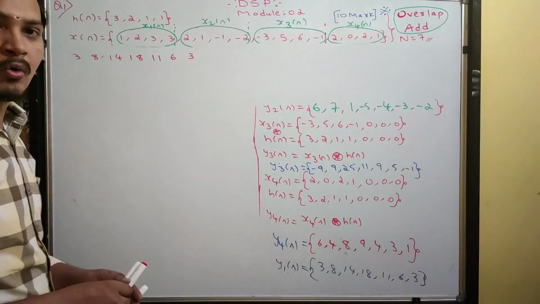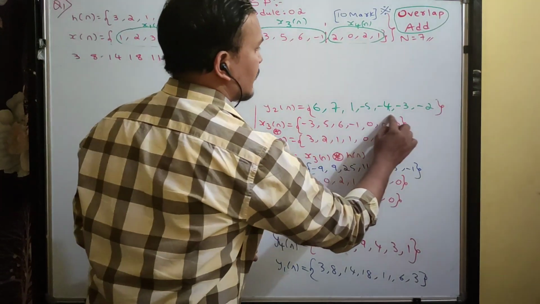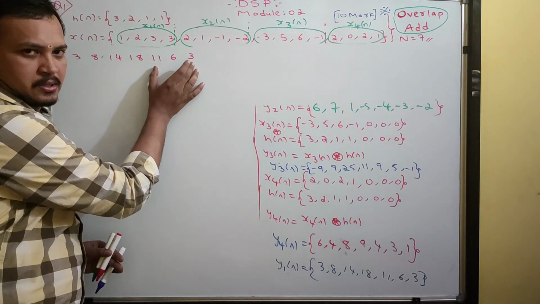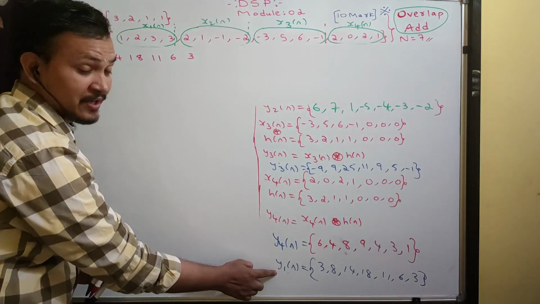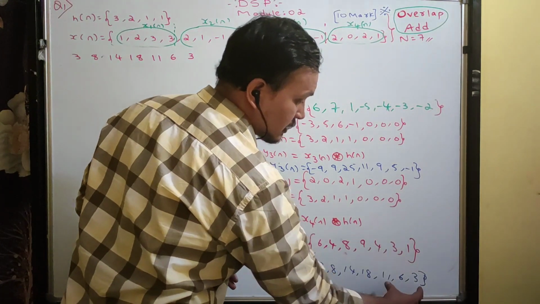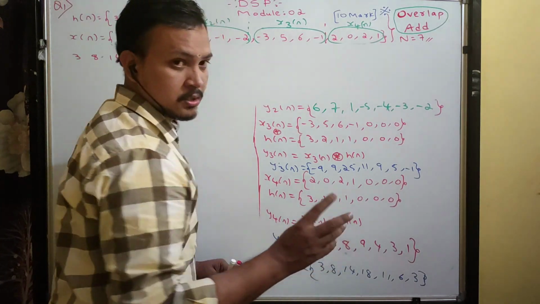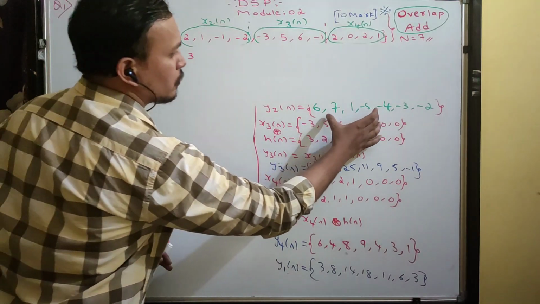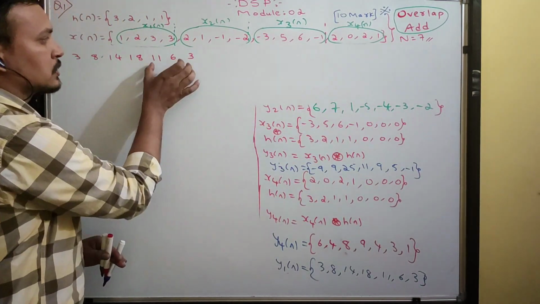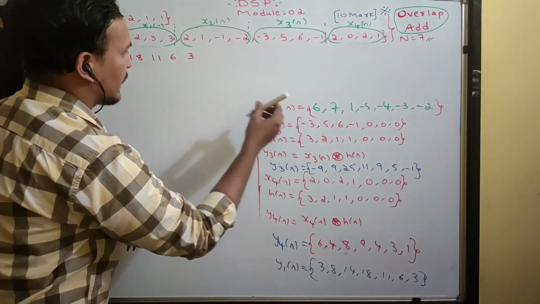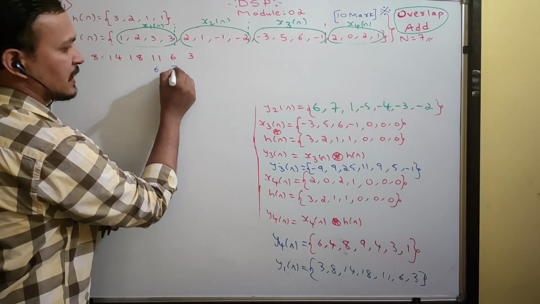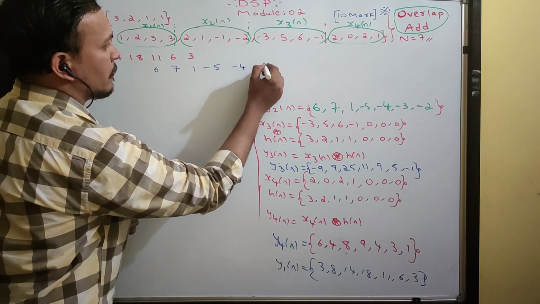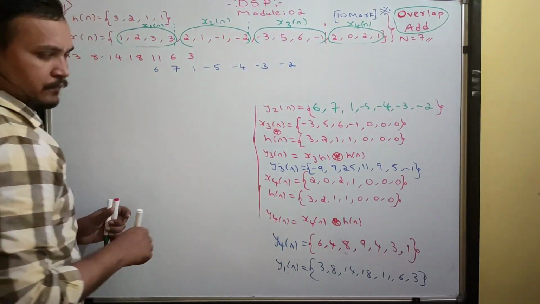While writing the second output, this entire sequence you overlap with the last m-1 samples of the first output. In the first output, the last m-1 samples, that is 3 samples. For the last 3 samples, you overlap with the second output. So you will get 6, 7, 1, minus 5, minus 4, minus 3, minus 2.